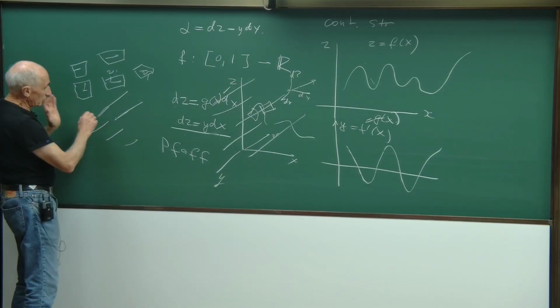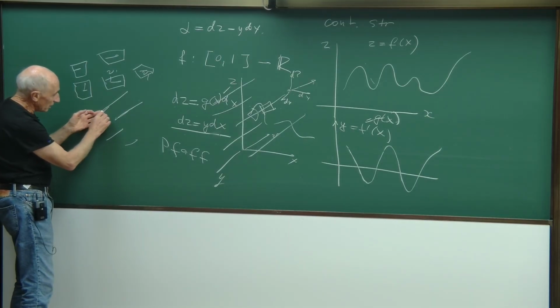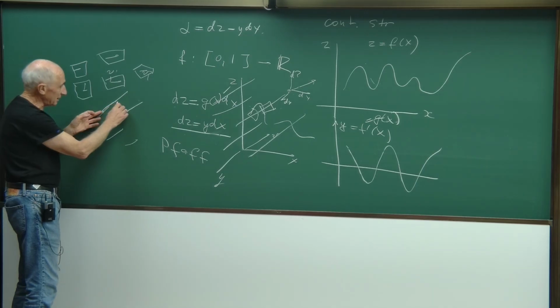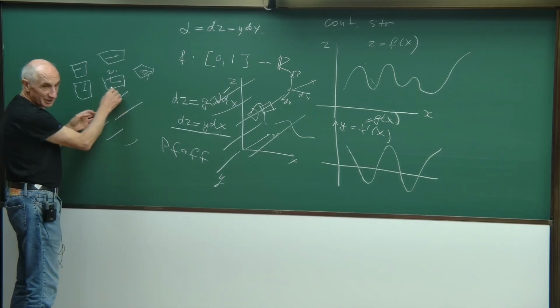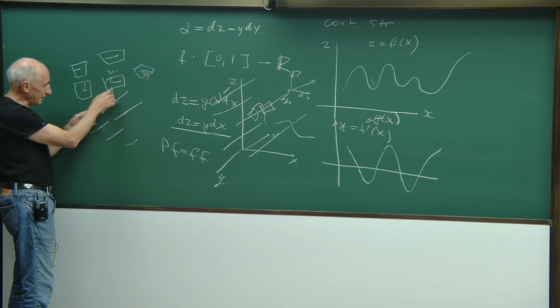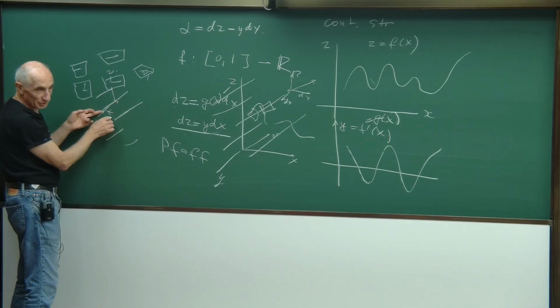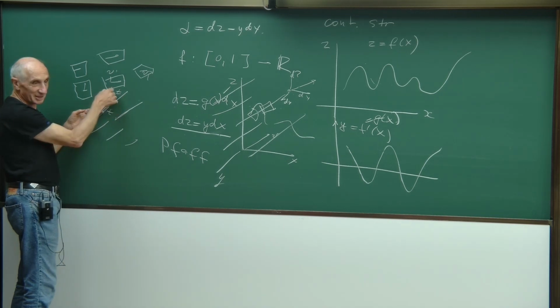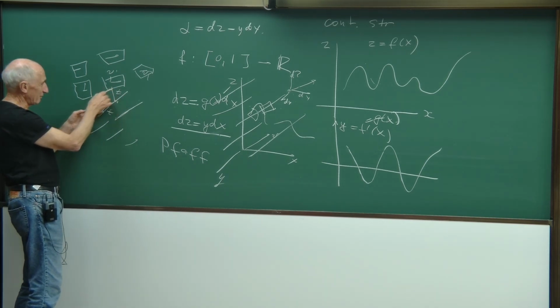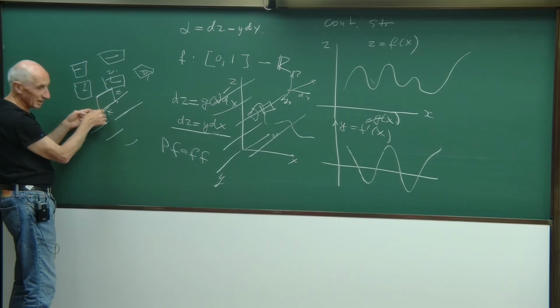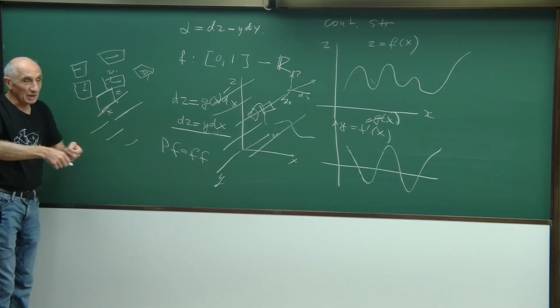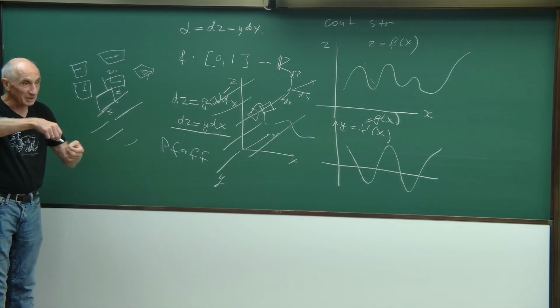Then you can take any point, follow one vector field for some small time t, then follow the second vector field for time t, then follow back the first for time t, and follow back the second. And the question is, do we come to the same point or not?